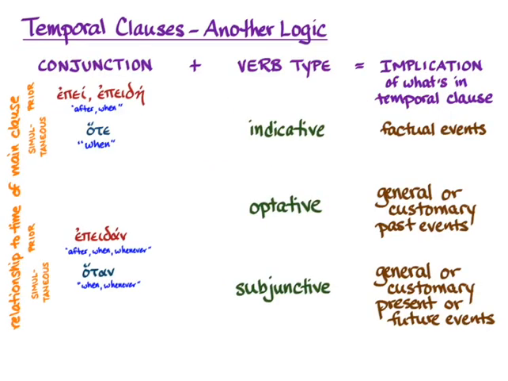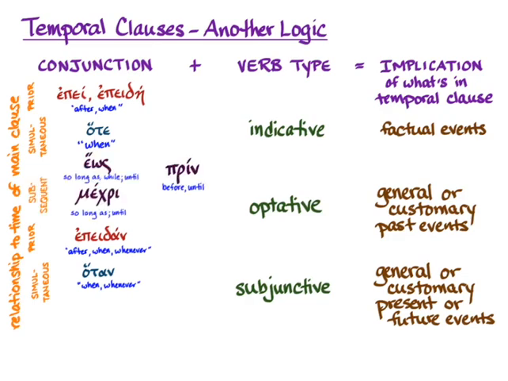So I don't know if you remember from the other video that I like to do things a little bit differently from Hansen and Quinn, and I suggested that you think about the conjunction and the verb type and the implication of what's in the temporal clause when you are going to translate, rather than their chart that looked a lot like conditional sentences.